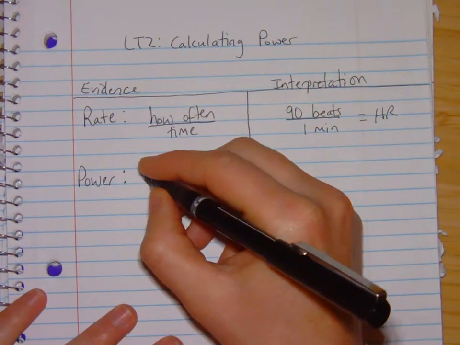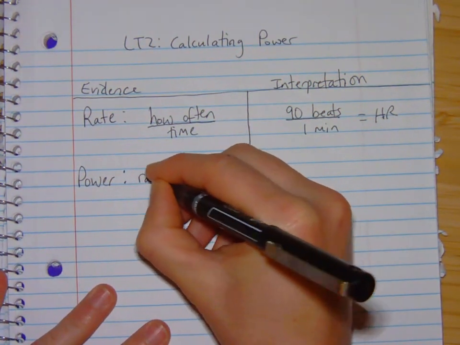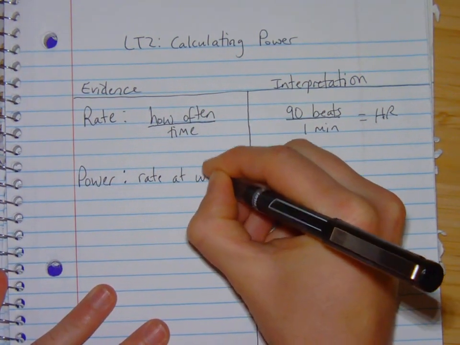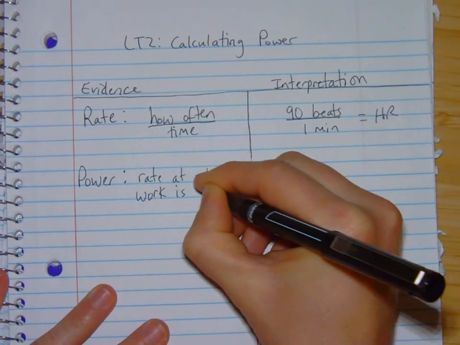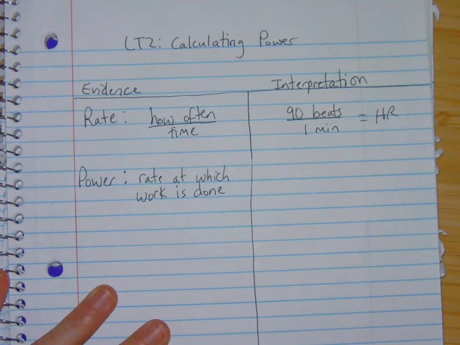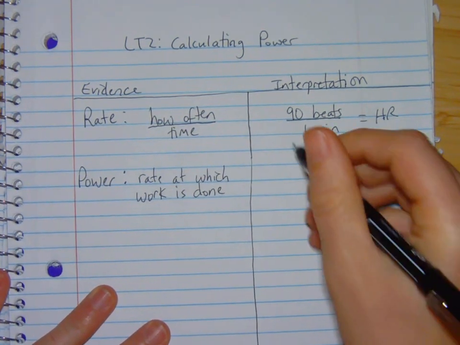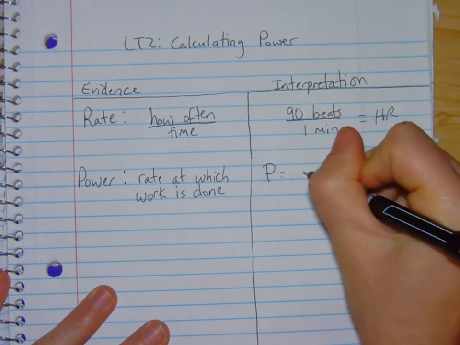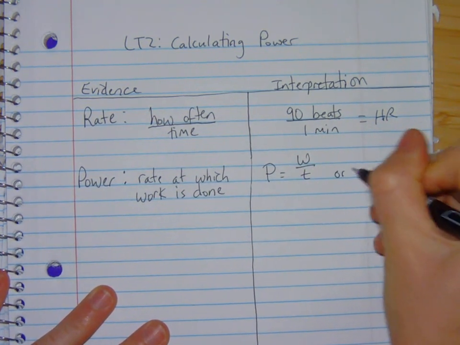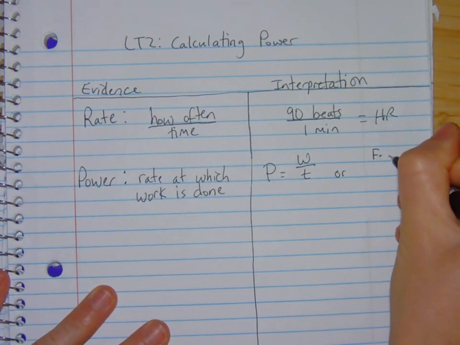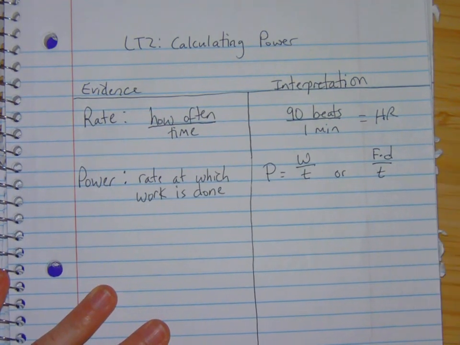So we know that this is the rate at which work is done. The rate at which work is done. And so it could be work divided by time, or force times distance divided by time.